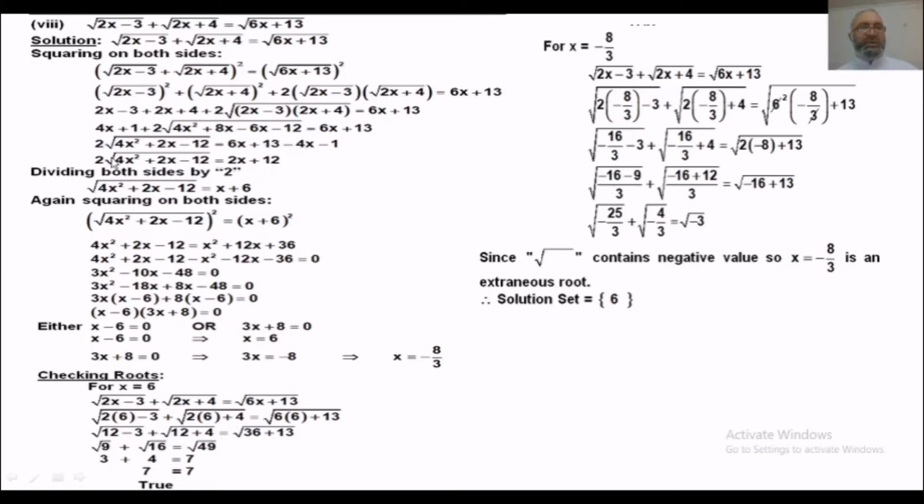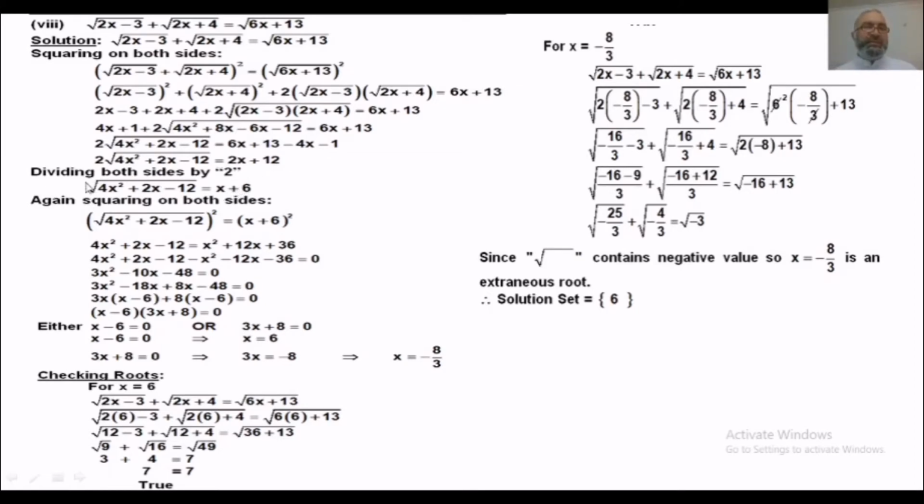So there is a common factor 2 on both sides of the equation. Dividing both sides by 2, we get the simplified form with only the radical sign separated: square root of 4x square plus 2x minus 12 is equal to, dividing this term by 2, we get 2x divided by 2 is x, and 12 divided by 2 is 6, that is x plus 6.